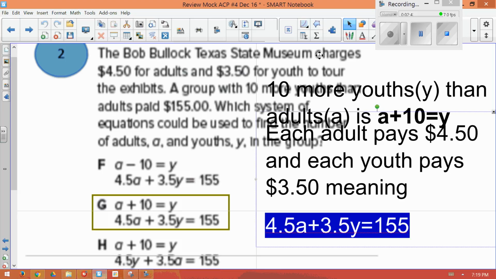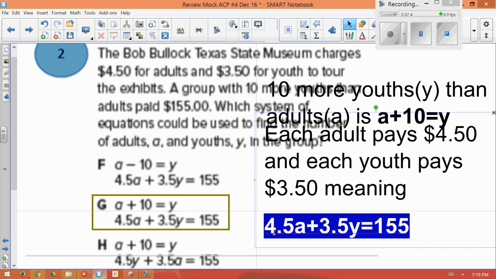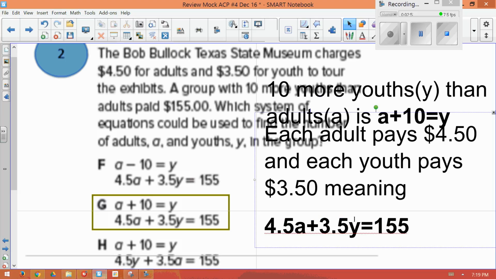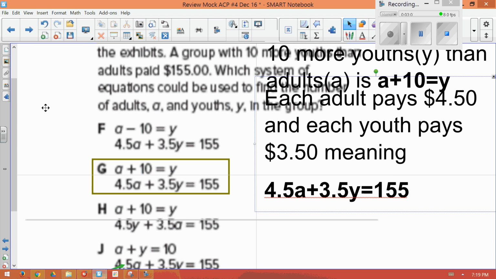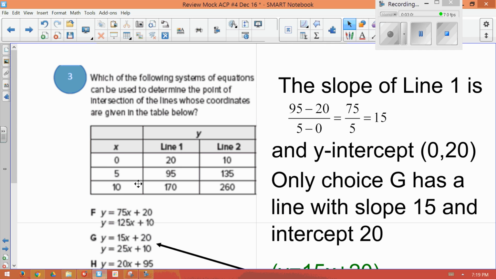This equation says that each adult paid $450 and each youth paid $350, and altogether is $155. So your two bolded equations are selection G, and that's what you should go with for your system. That's the correct system there. Okay, let's move on to 3.